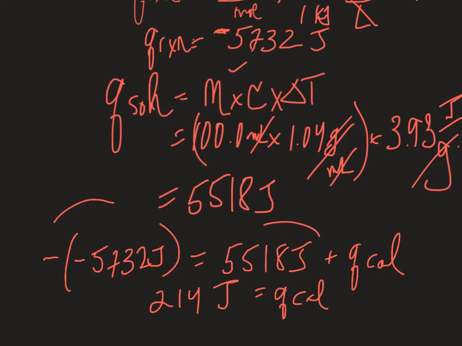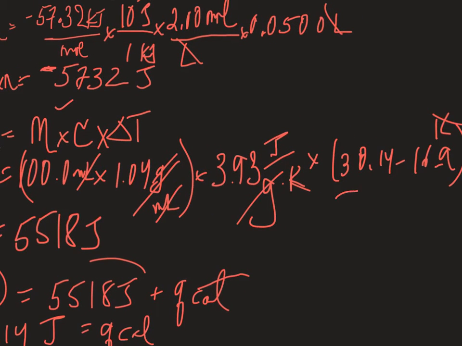Now that's the amount of heat absorbed by my cup. However, what's really important to notice, and this is something we would have explained in the lab, is that's the amount of heat over this particular temperature range. Notice that we had a temperature change of 30.4 minus 16.9. So over this delta T, that is how much heat is absorbed.